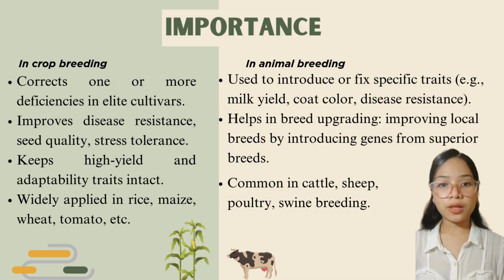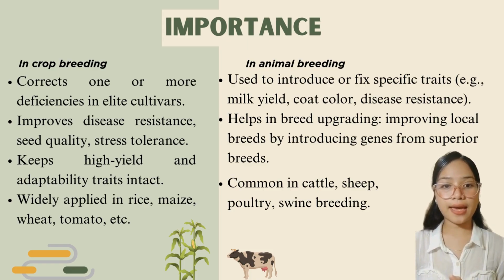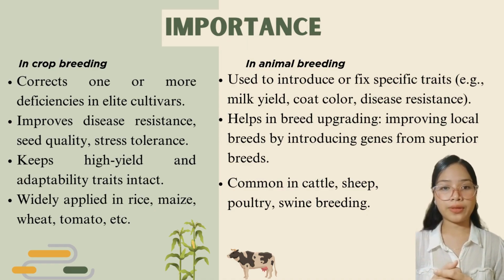Now let's move on to the importance of backcross breeding in both crops and animals. In crop breeding, backcrossing is used to correct one or more deficiencies in elite cultivars. This includes improving disease resistance, seed quality, and stress tolerance.